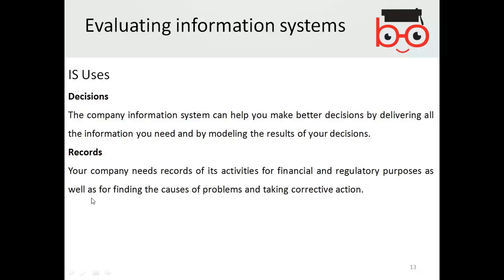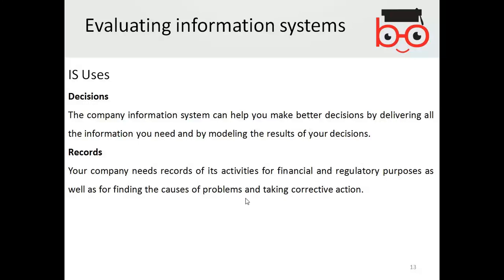As well as that, the records will help you to find the causes of problems, where the problem was within the information system or within the organization, whether it was related to technological issues of the information system, or to problems within the organizational strategies itself. So it really depends.